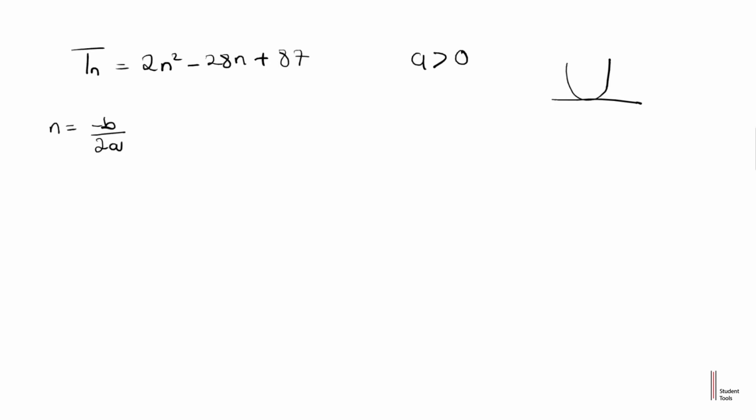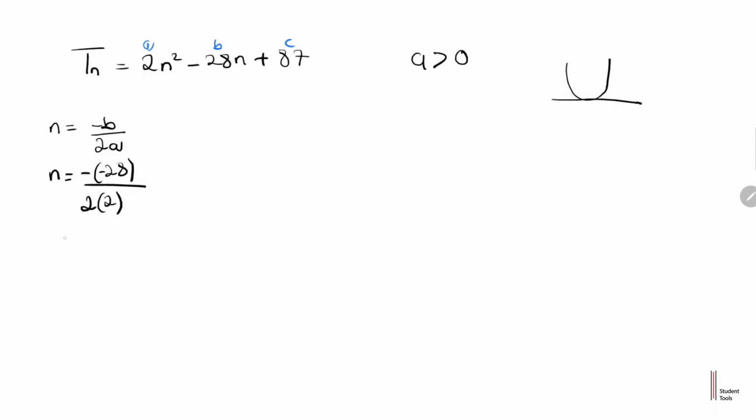We want to find the value of the smallest term. So to do this, we will use this formula. a is the coefficient of n squared, and b is the coefficient of n. This is the constant. So here n will be equal to minus b, b is equal to negative 28, all over 2a, a is equal to 2 because it's the coefficient of n squared.